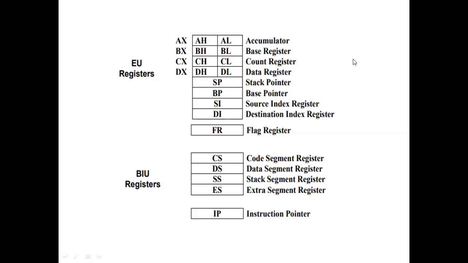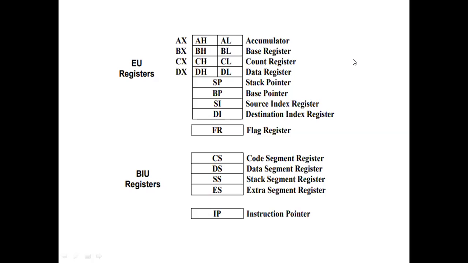Next one is the data segment register. It consists of data used by the program, accessed in the data segment by an offset address or the content of another register that holds the offset address. That means it points to the data segment of the memory where the data is stored.